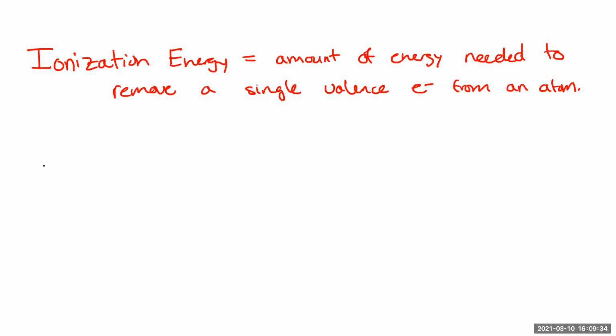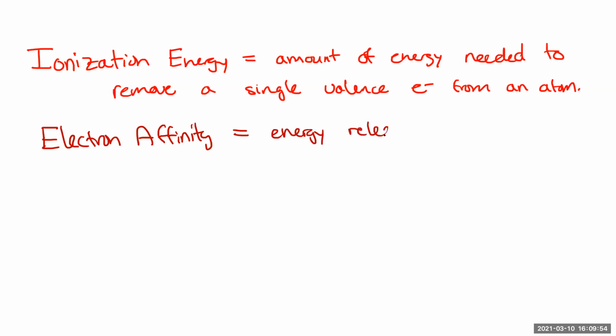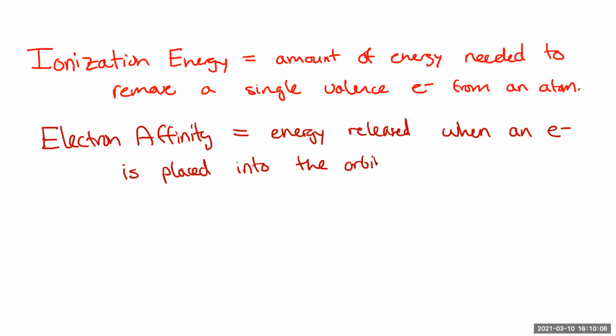In comparison to this, there is the competing concept of electron affinity. And electron affinity is essentially the energy released when an electron is placed into the orbital of an atom, essentially meaning when you add an electron to an atom.